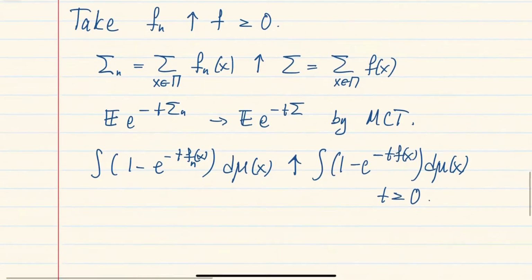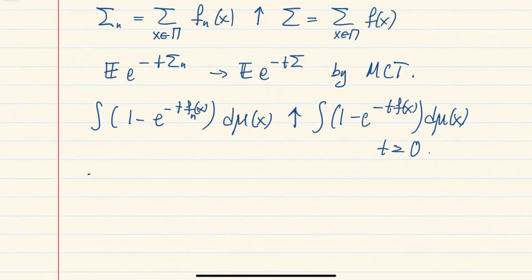Now if you want to prove part 3, I'm going to skip it here because it's exactly the same as part 1. You can easily check that for a step function both equations for the expectation and for the variance hold, and then everything else follows by the monotone convergence theorem.